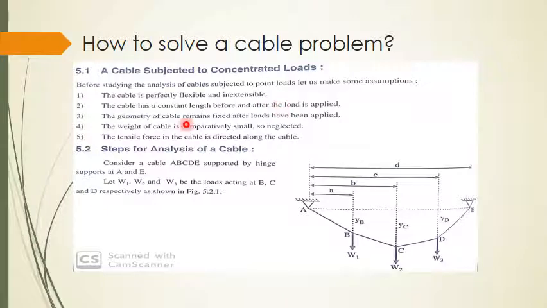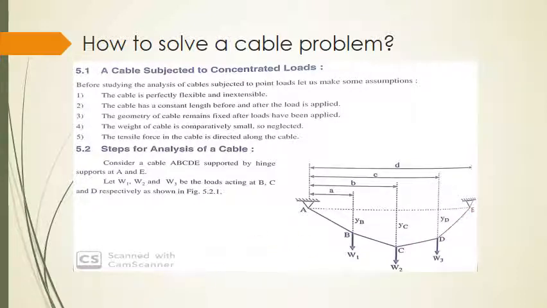The geometry of the cable remains fixed after the loads have been applied. That means the diameter of the cable will not change. The weight of the cable is comparatively small and hence neglected. And the tensile force in the cable is directed along the cable. So the tension in AB will be acting along the AB. Similarly for BC, CD and DE.